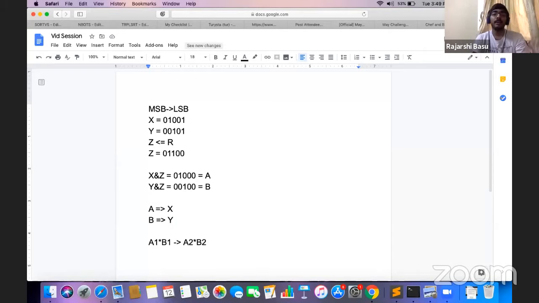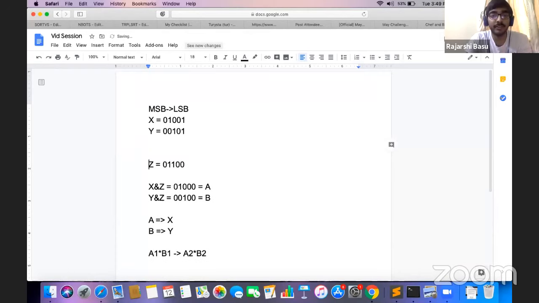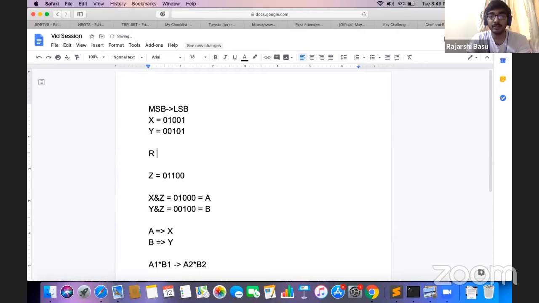Okay, so I'll try to explain again why there is no restriction on Z in the first subtask. In the examples that we had taken, X equal to 0, 1, 0, 0, 1 and Y equal to 0, 0, 1, 0, 1. What is the value of R actually in this case? It's just 1, 0, 0, 1, 0, right?